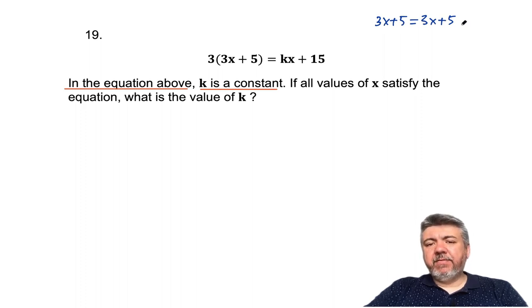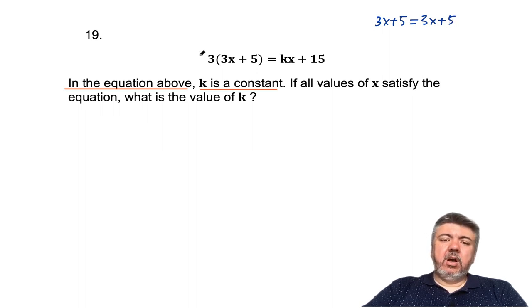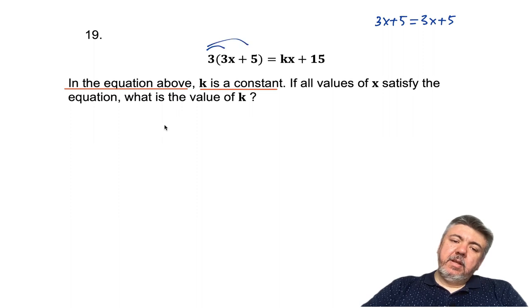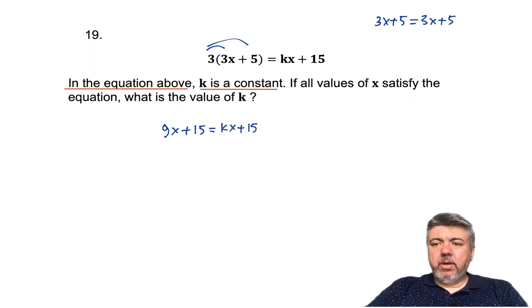That's what we're looking for. So expand this parenthesis: 9x plus 15 equals kx plus 15. The plus 15 is okay. We're good with them. So 9 should be equal to k. Actually, k should be equal to 9.